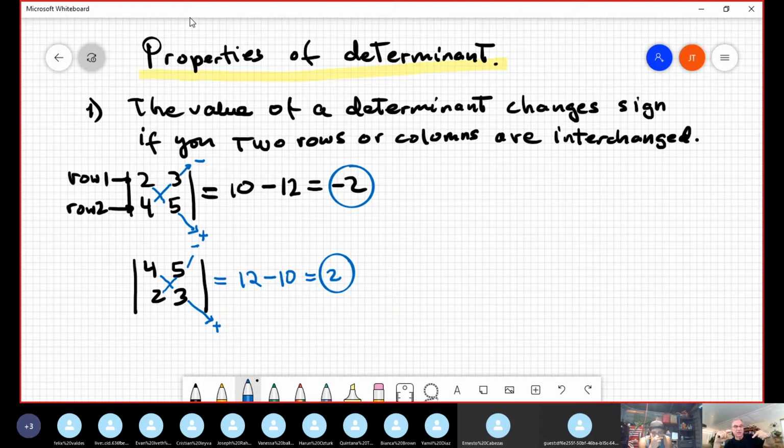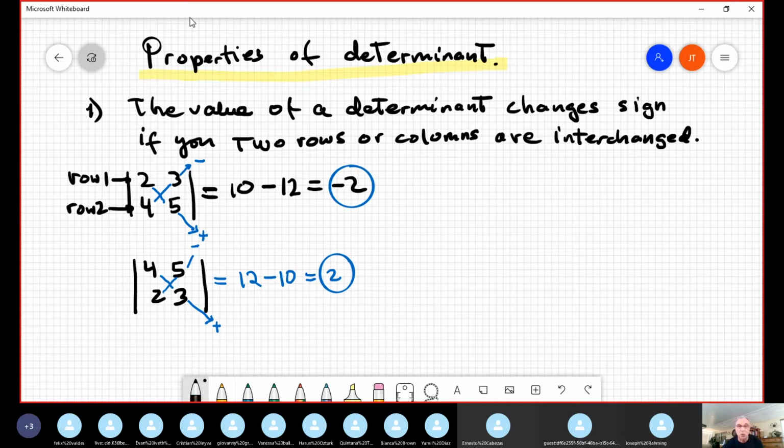Without doing anything, I know: this is the original determinant, the answer is negative 2. The new one after the transformation is positive 2 because it changes the sign.